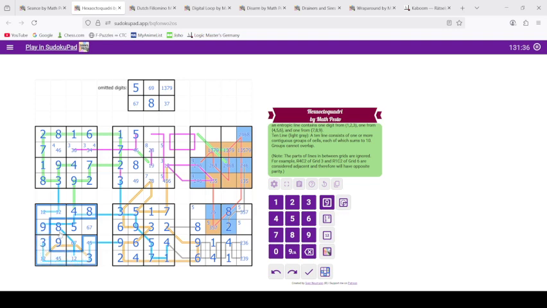Making that miss out of 7. Which would make this miss out of 3. This would be missing out of 1 or a 9.